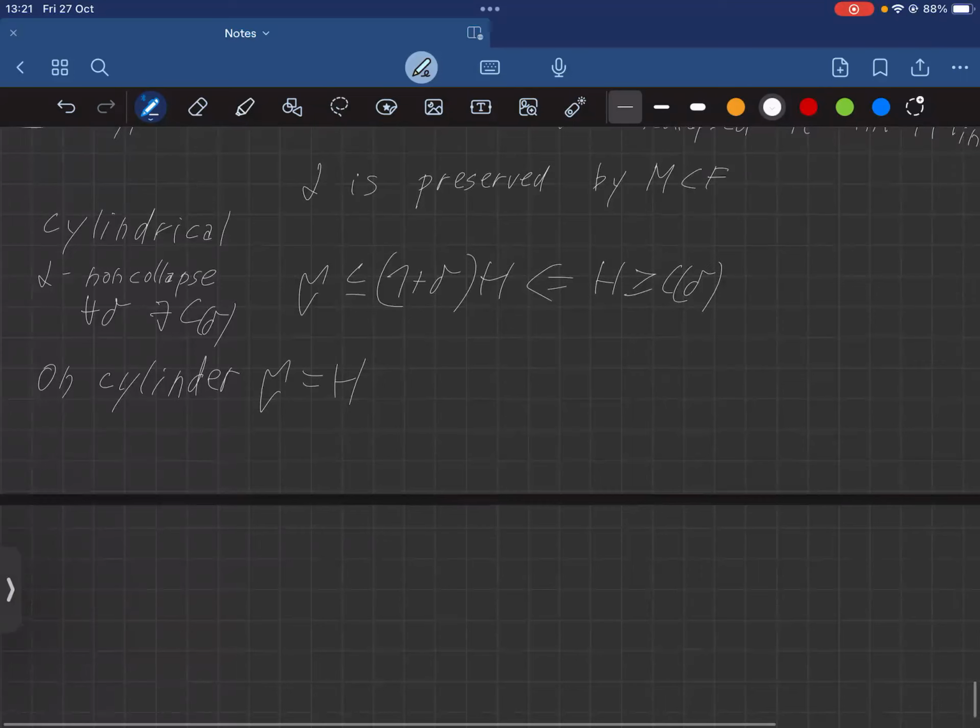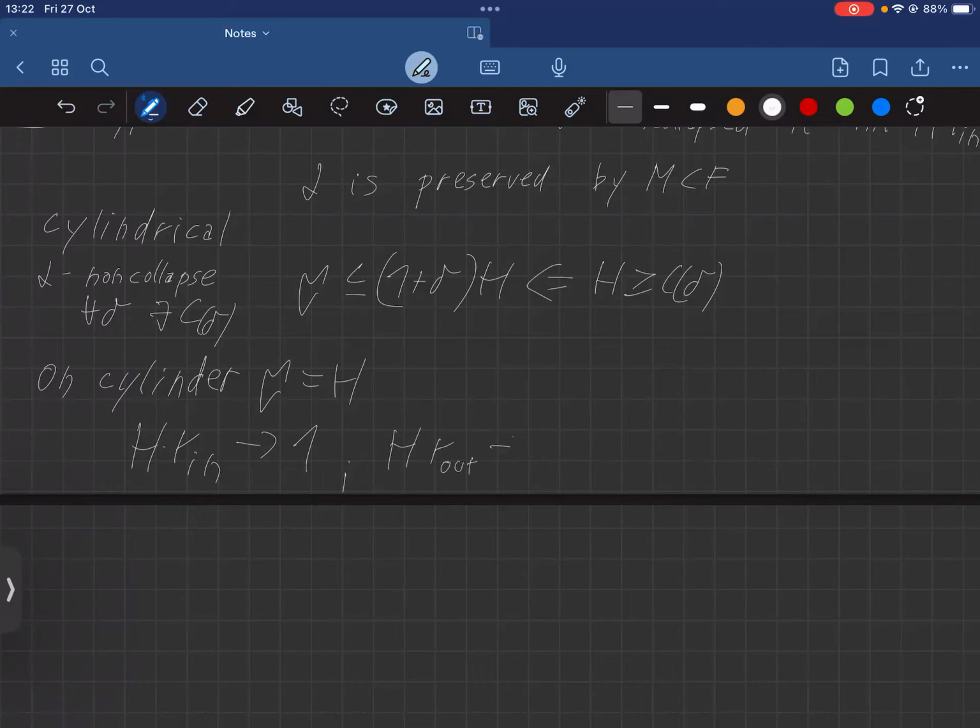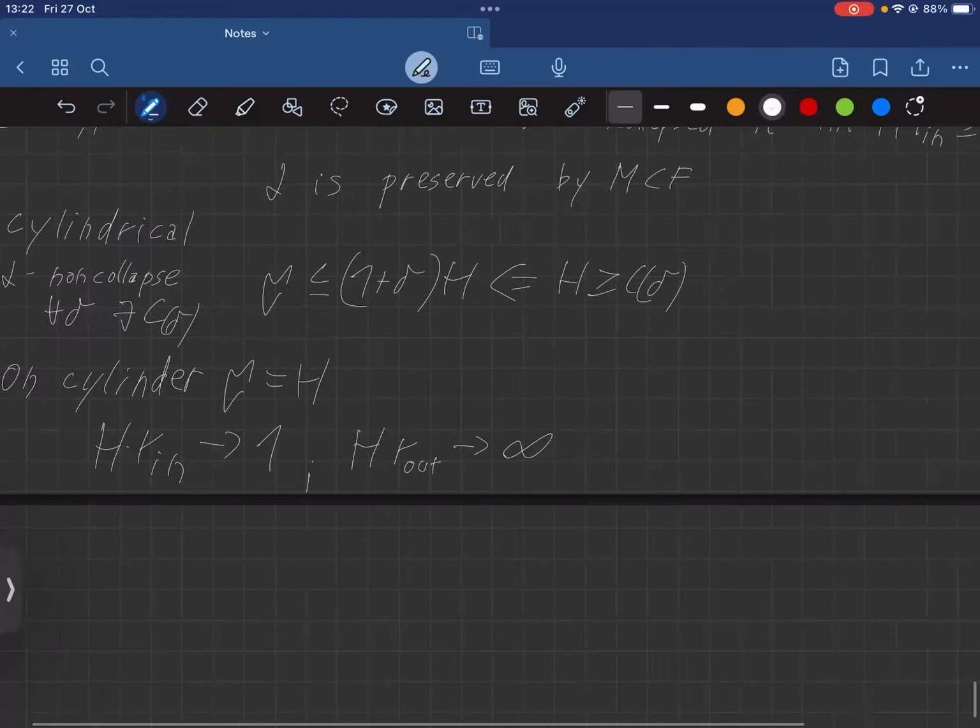And it has been shown later by Haslhofer and Kleiner that given sufficient time, this product, the mean curvature times inscribed radius, converges to 1, and also that H times the outer radius converges to infinity. Which means that roughly, if we let our surface evolve, it's going to form this cylindrical shape given enough time, which by the way has quite a nice consequence.